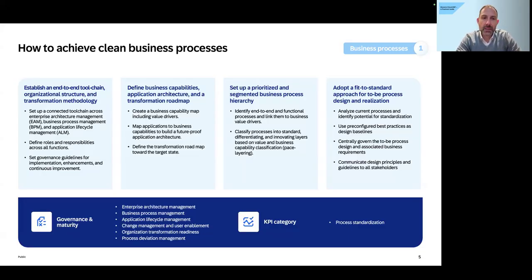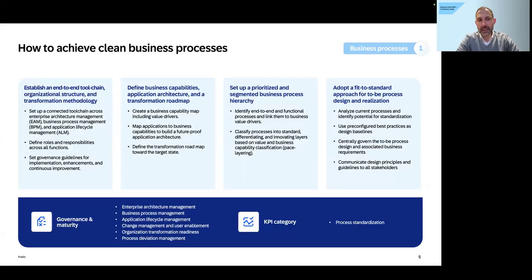What we describe in these 3 bullet points underneath is that such an end-to-end tool chain has various components, but the 3 key components of most immediate interest are, first, to have enterprise architecture management in place.